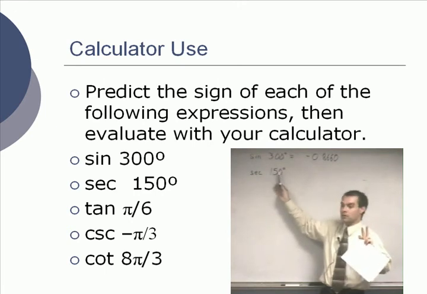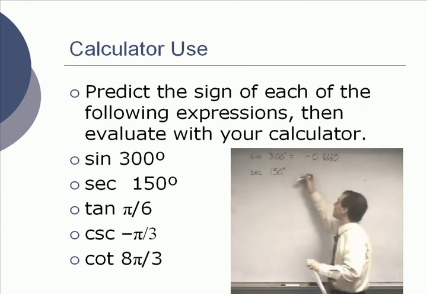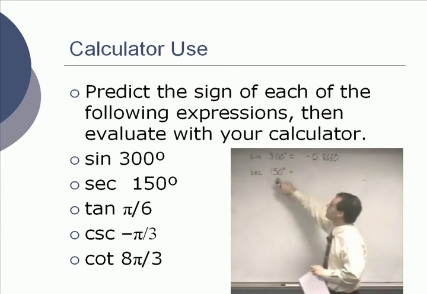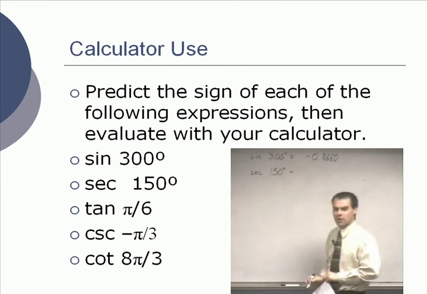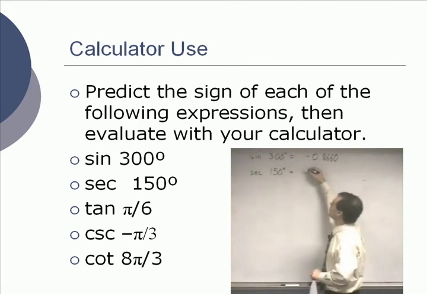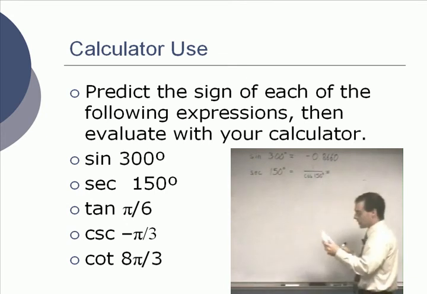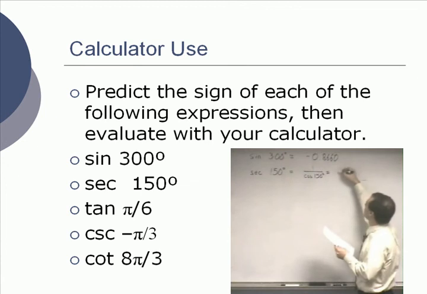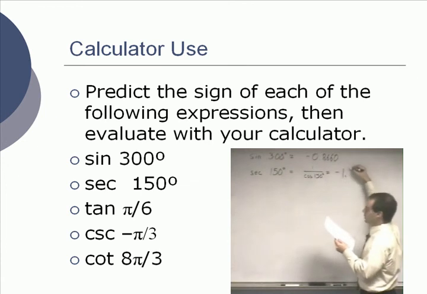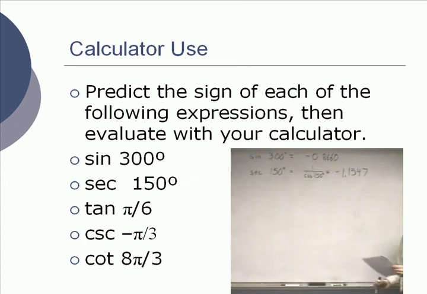It's negative in quadrant 2, therefore secant will be also. It'll be negative. And how do you do that on your calculator? It's 1 over cosine of 150 degrees. And if you do that, you should get a negative value, negative 1.1547.